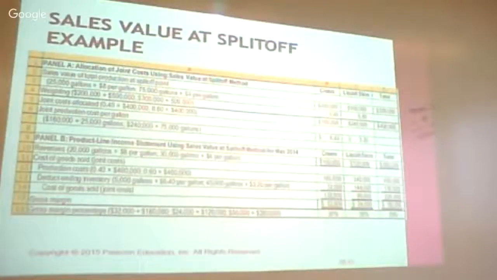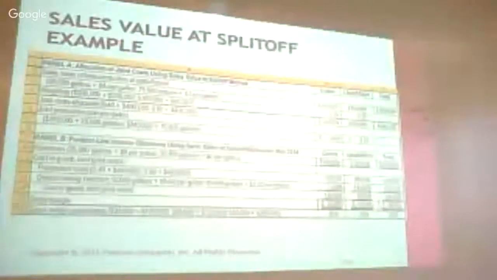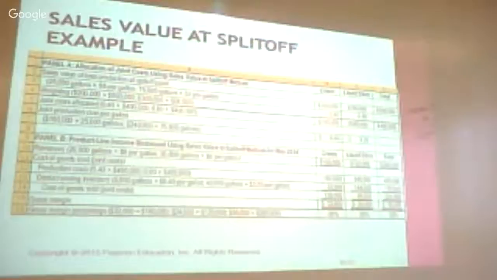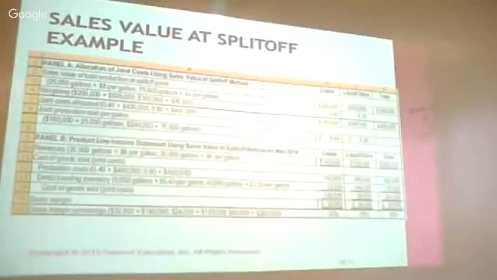Where'd you get the 30,000? I thought it was 75. That's how much I produced, was 75. But if you look in your information, it says that we sold 30,000. So we have 30,000 sold, and then that means we have 45 left in inventory, right? You see where that's at? Okay.